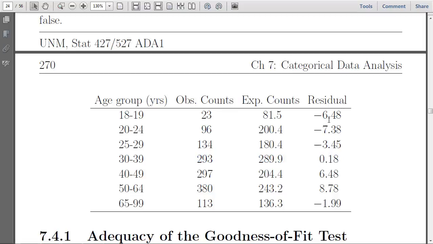And the residuals that are far away, either positive or negative, indicate how the observed compared to the expected. So negative residuals here are lower, where the observed is lower than expected, and positive numbers are where the observed are higher than expected. All right, how do we know if we can perform the hypothesis test we just did?